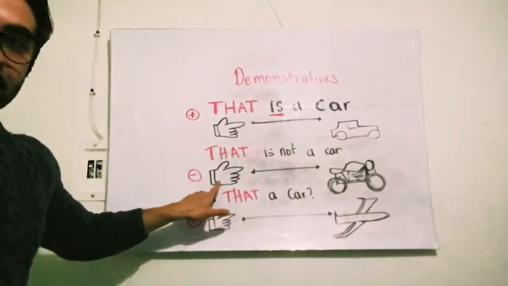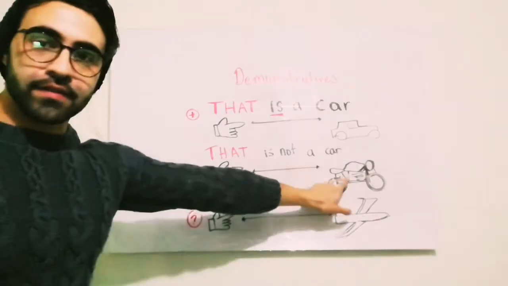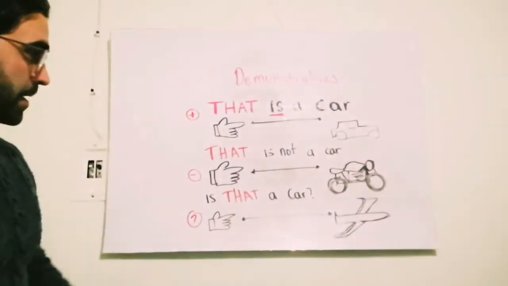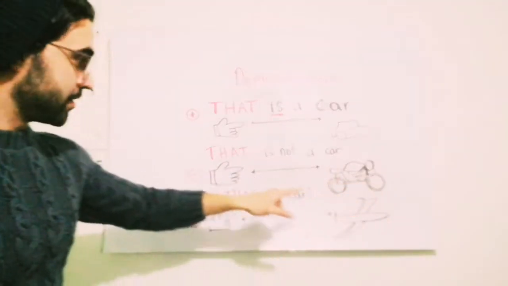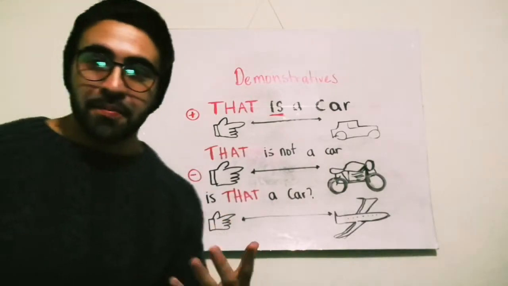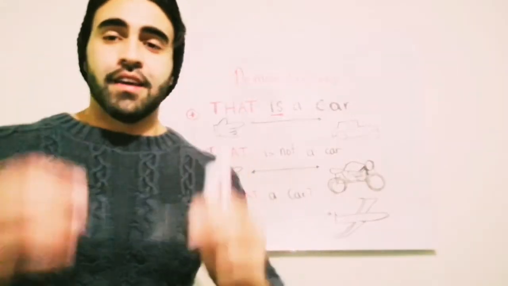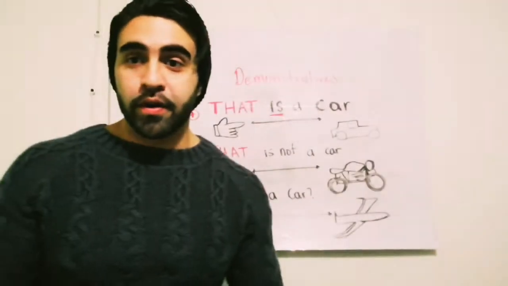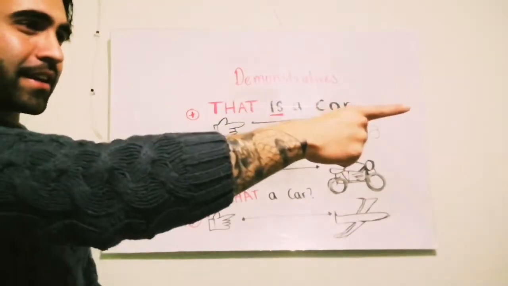Now, look at this. We have the second example. We have, again, the hand, and we have the motorcycle, right? But the motorcycle obviously is not a car, right? So this example is negative, right? Now, for example, I say, I'm not wearing my glasses, yes? And I say, that's a car.